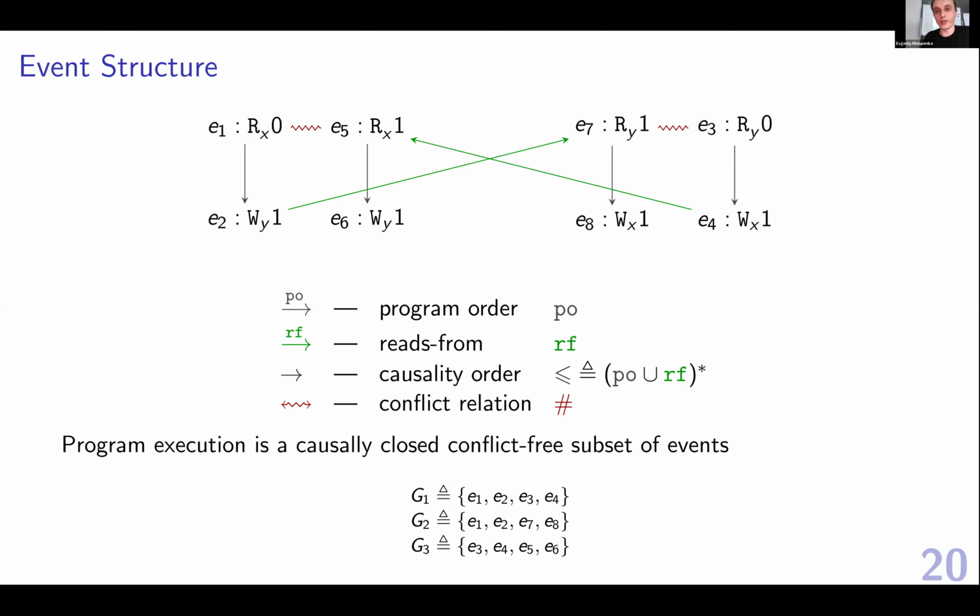Maybe not exponential, but okay, it's going to be a lot of events. We can't keep it in memory like this. So what we do in our algorithm, we construct the event structure in such a way that we always keep in memory only a part of this event structure.